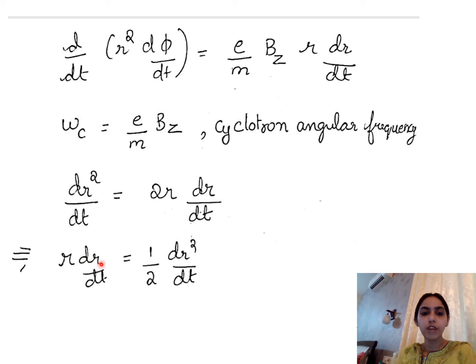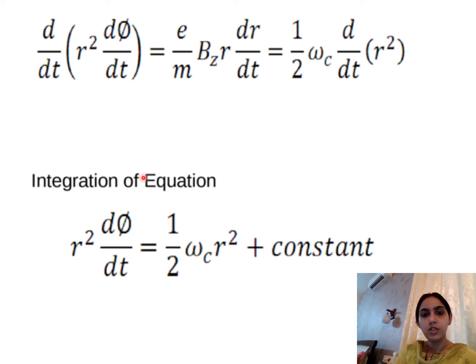So instead of r dr by dt, I can substitute half d by dt of r square in the next step.